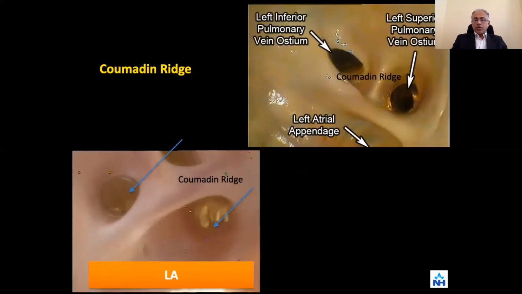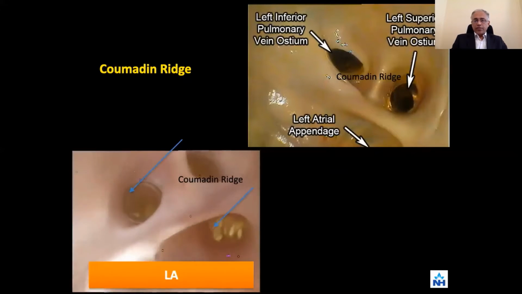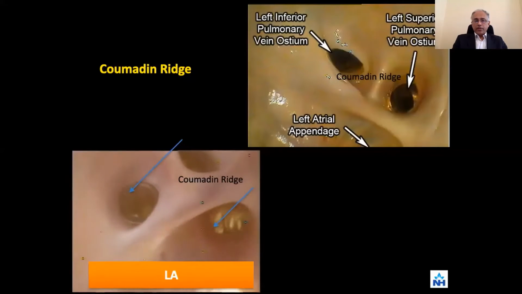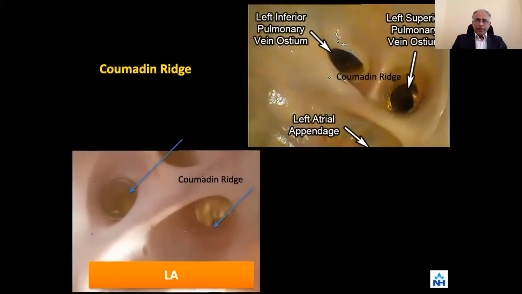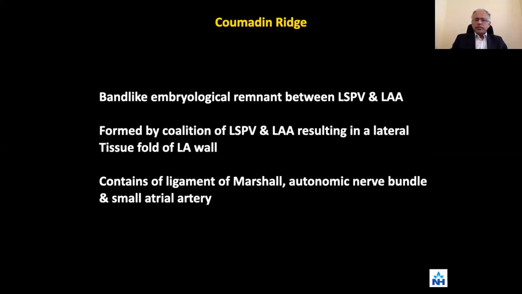It got its name because it was earlier associated with clot, so people thought it was a clot, and they treated it with a Coumadin derivative, so that's how it got its name as Coumadin Ridge. And what is it actually made of?